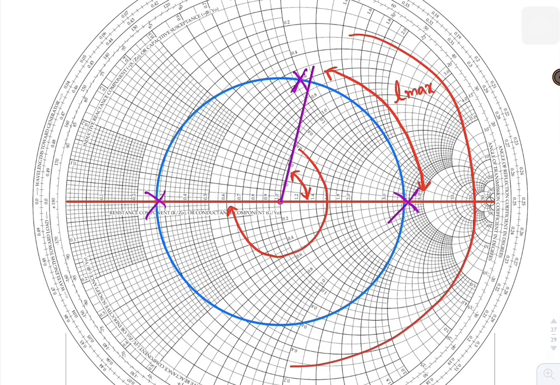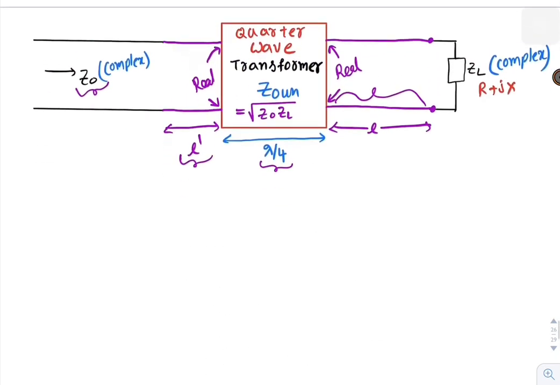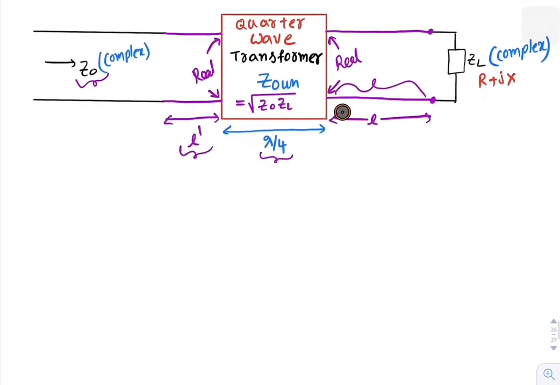Let us call this length as L minimum. Now the length of the transmission line that you are going to use here may be L max or L minimum. Both the answers are correct with respect to our design.